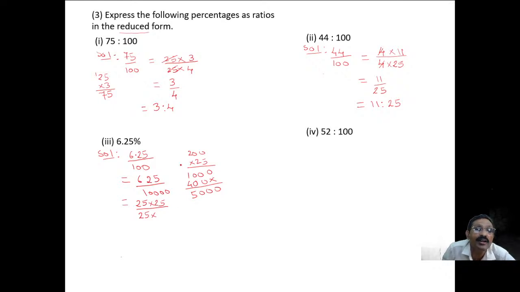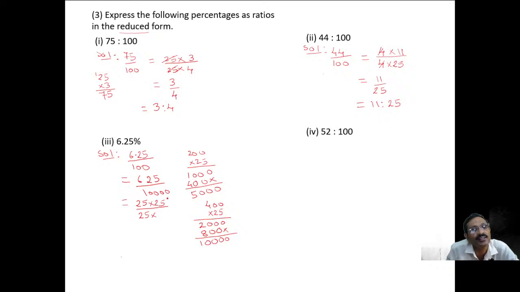I've used 200. If I use 400 over here, let me see what comes. 400 into 25. 5 zeros are 0, 5 zeros are 0, 5 fours are 20. 2 zeros are 0, 2 zeros are 0, 2 fours are 8. So I get 0, 0, 0, 8 plus 2 is 10.